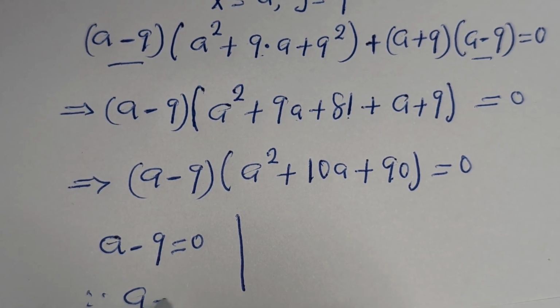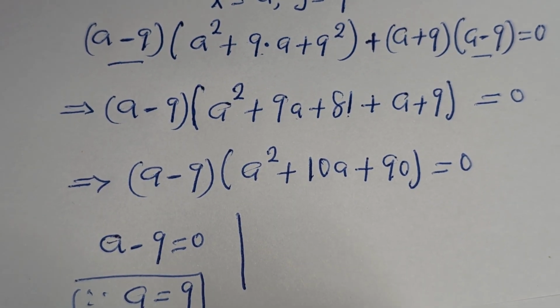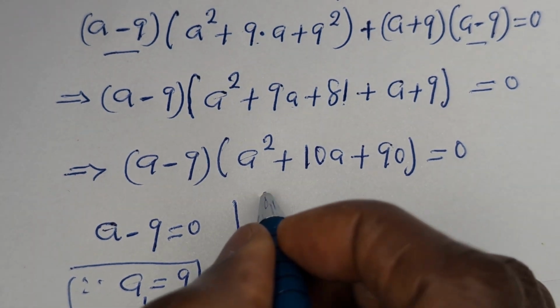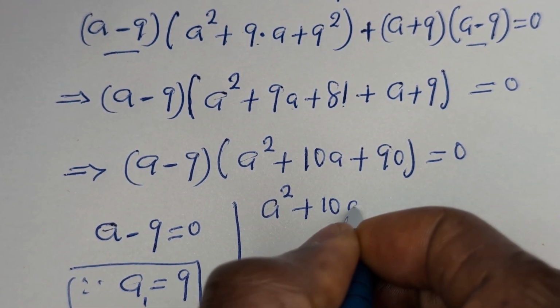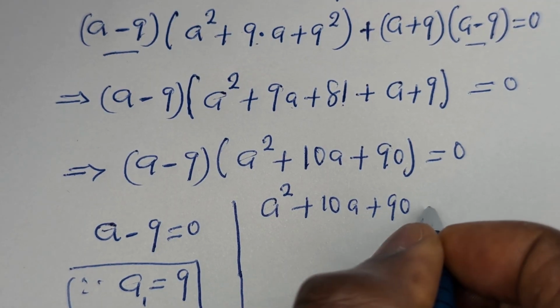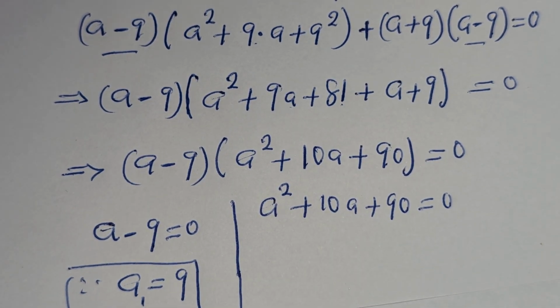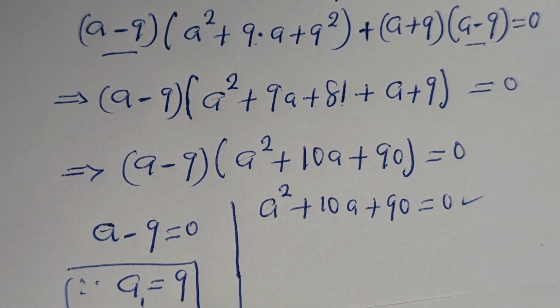Therefore, a is equal to 9. Let us call this a1. And here, a square plus 10a plus 90 is equal to 0.